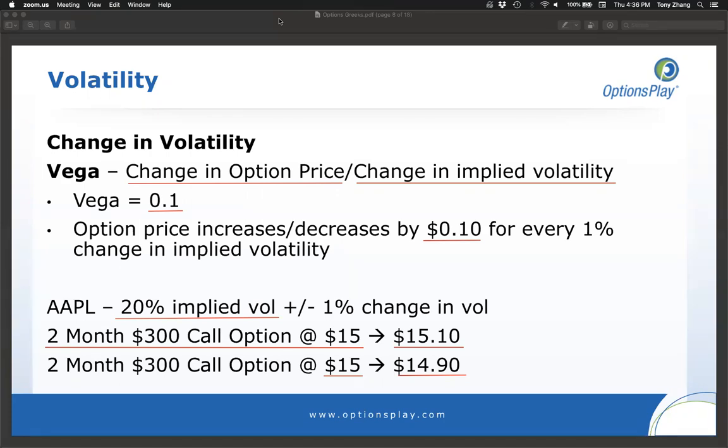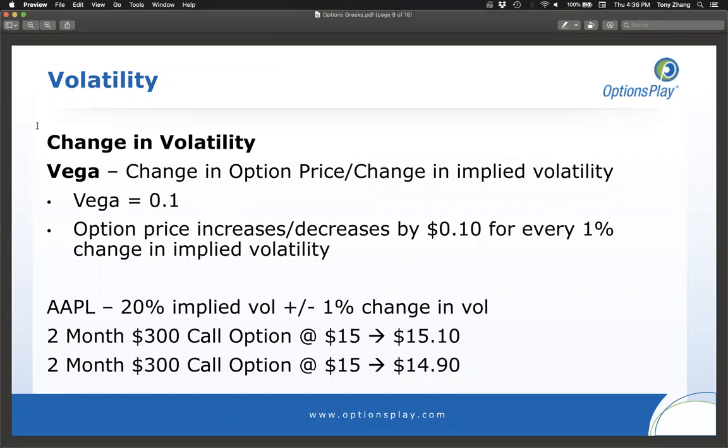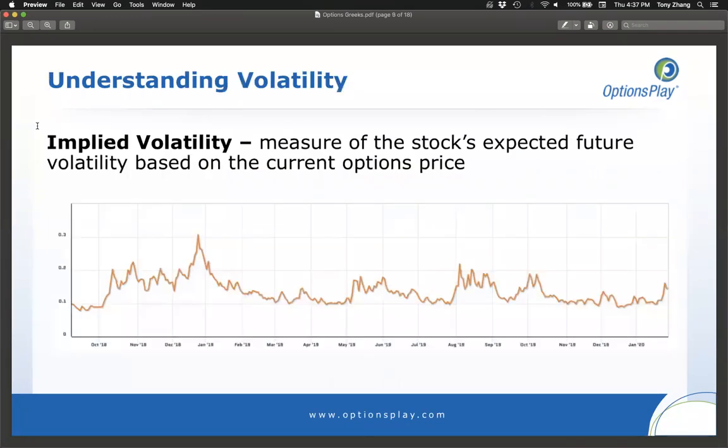But just remember, volatility actually has a fairly small impact on your option pricing. It has an impact, no doubt about that, but the impact is usually not nearly as large as the delta. And the delta between a debit and a credit spread is very, very different. So make sure that you look at delta first before you look at volatility, for those of you that use these Greeks for your trading.